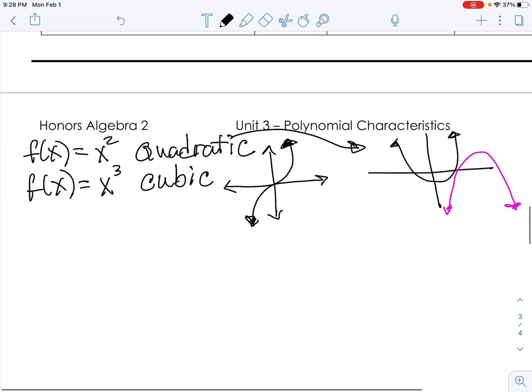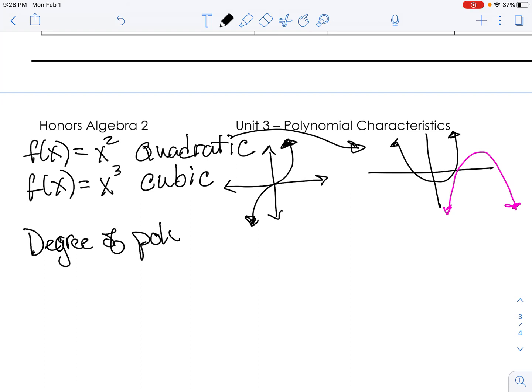All right, so let's go down here and let's put that down as a vocab word. Degree of a polynomial.